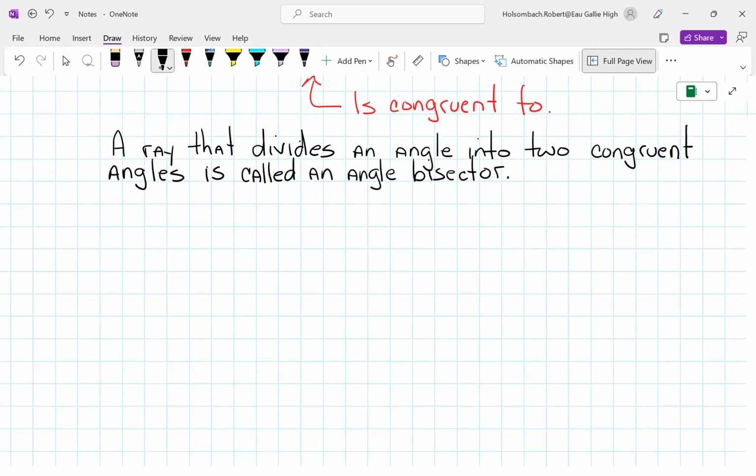A ray that divides an angle into two congruent angles is an angle bisector.